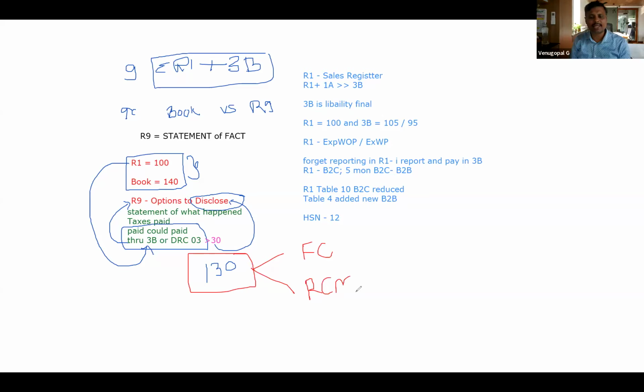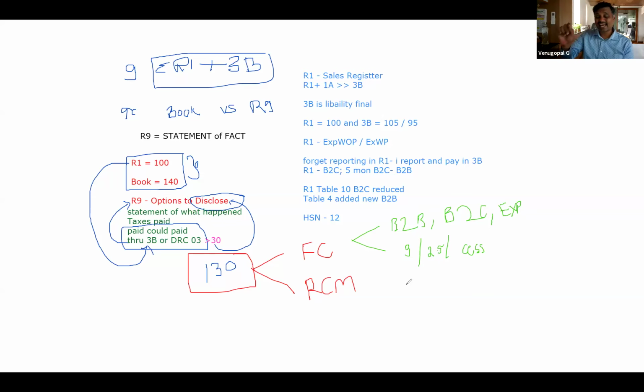If it is a forward charge liability, you will explain how much is B2B, B2C, export with pay, all those classifications. You will explain how much is 9% CGST, SGST, 2.5% CGST, SGST, the rate of taxes. You are going to explain in all respects.